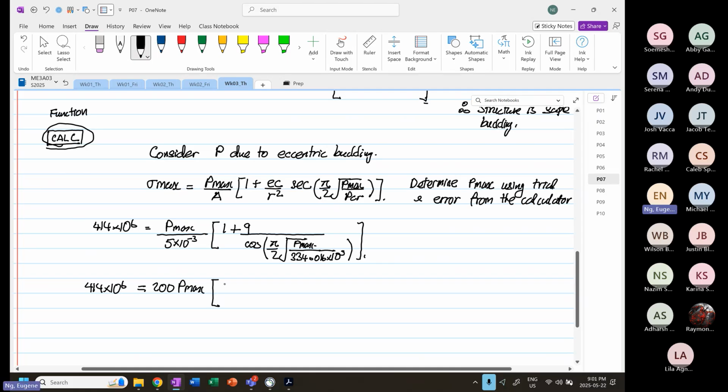And this is 1 plus 9. Then we calculate pi divided by 2 divided by the square root of 334.016 times 10 to the power 3, which gives 2.718 times 10 to the power minus 3, right?